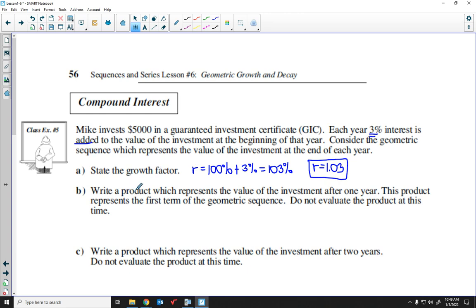So the original value is 5,000. We want to get the value of the investment after a year. So when n equals 1, that's going to be after 1 year, not the original value.